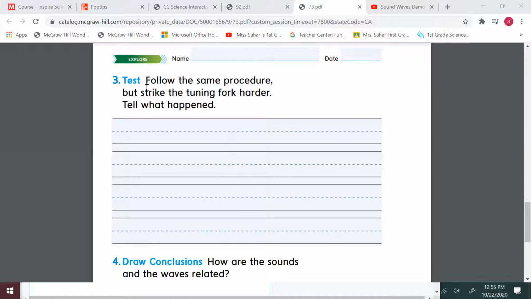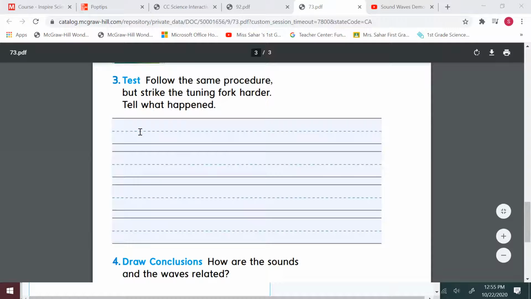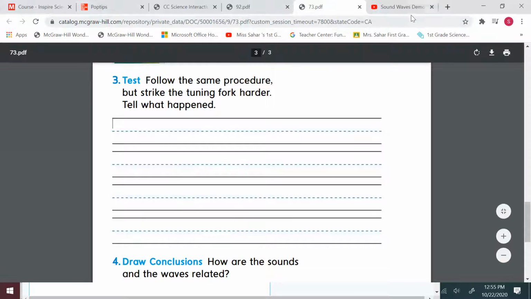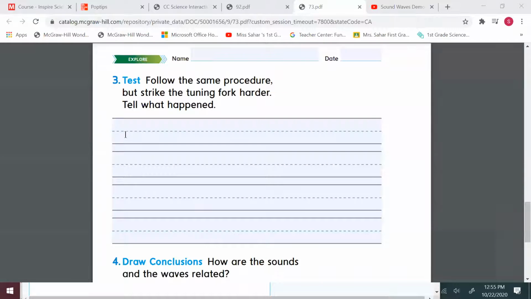So follow the same procedures, but strike the tuning fork harder, and that's what we watch in the video, and predict or tell us what happened. So you can always play the video again and try to get this answer.